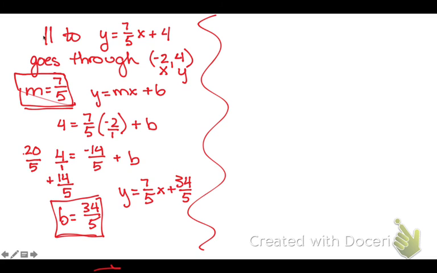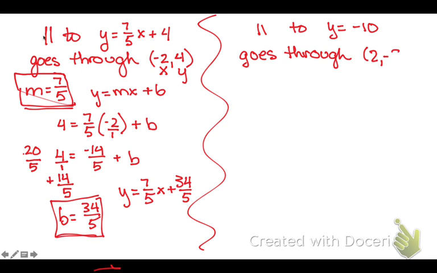So, parallel to y equals negative 10 and goes through, give me a point, Henry. 2. You got to give me the whole point. 2, negative 8. Okay?